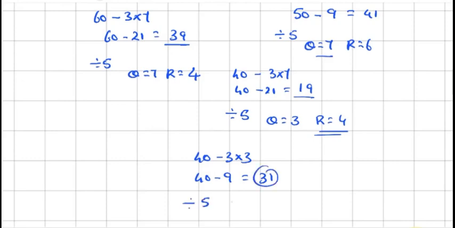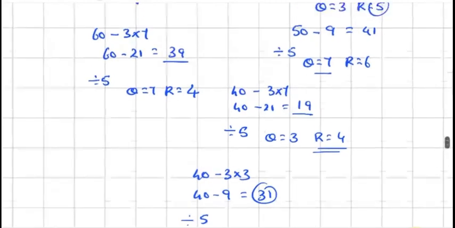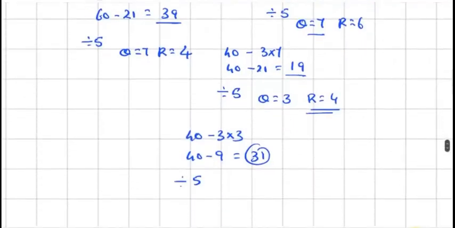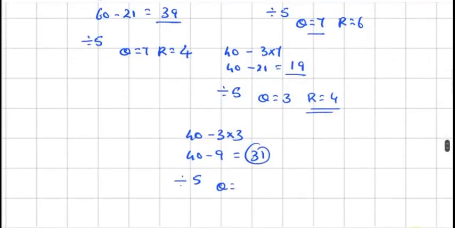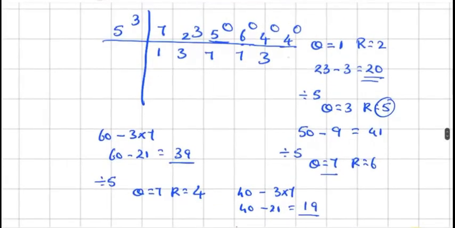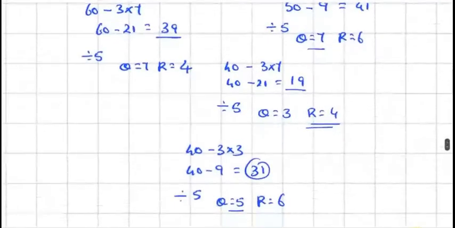You can put the quotient as 6 for completing, or you can continue like 5 into 5: 5 fives are 25 and the remainder will become 6. 31 minus 25 is remainder 6. I can put the remainder above here also.